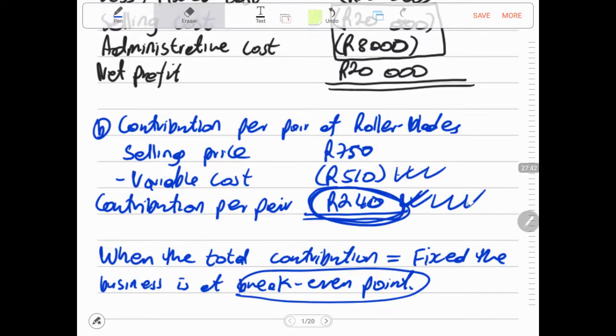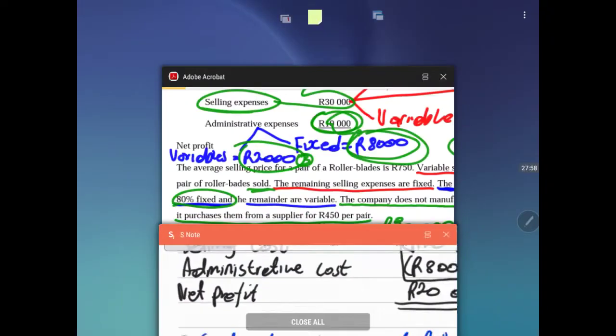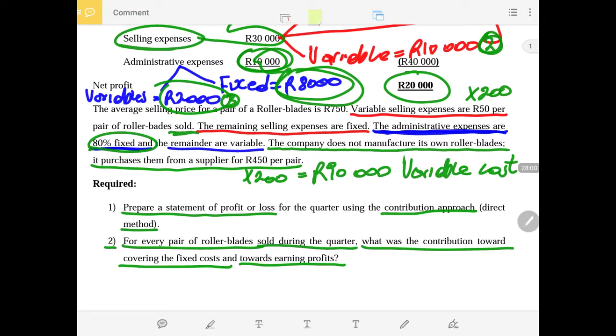That's exactly what they were asking, but the explanation was not required. They just wanted to know how much will be contributing to fixed cost and to profit when this has covered our fixed cost. So that was a very short video.